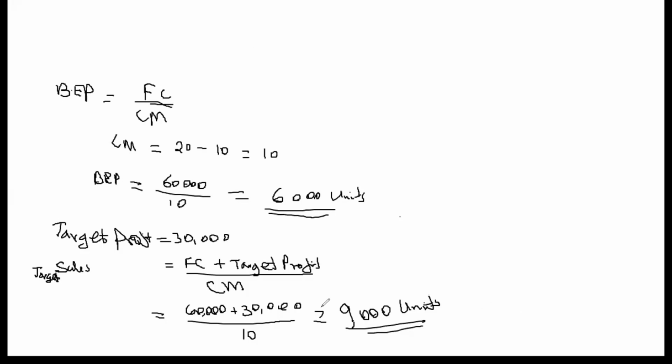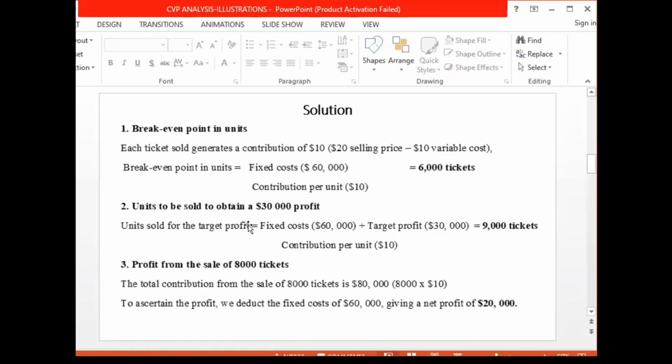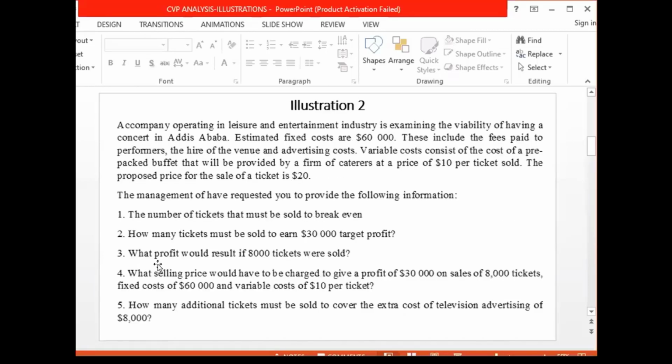Any question on this? Okay. Now, what profit would result if 8,000 tickets were sold?